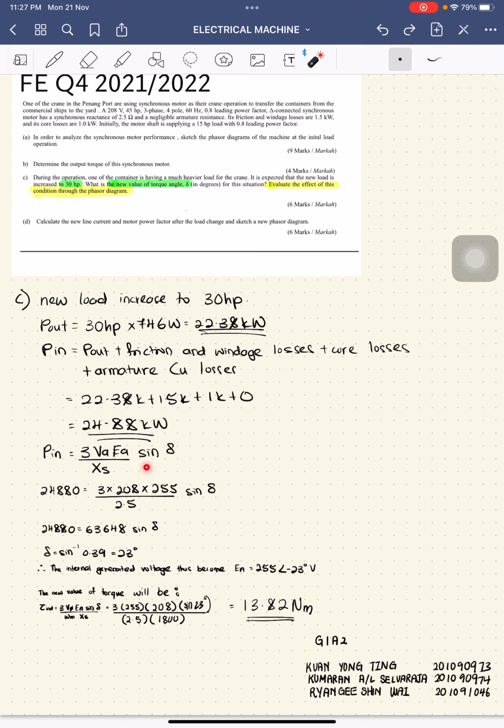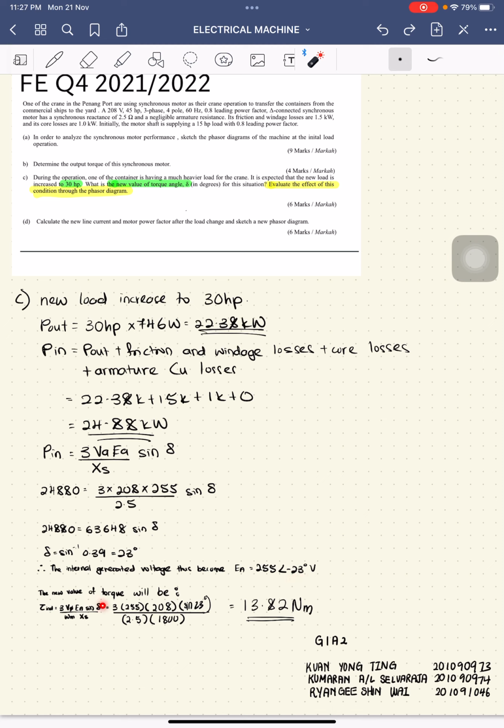XS represents your synchronous reactance. So by using the formula, you can find out the delta is 23 degree. You can see from here the internal generated voltage now becomes EA equals 255 angle negative 23 volt.